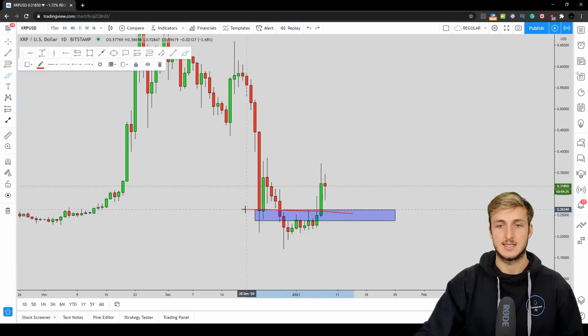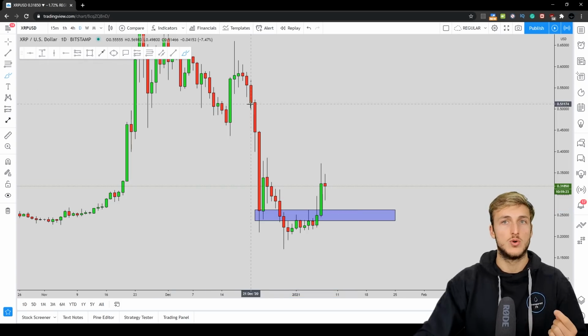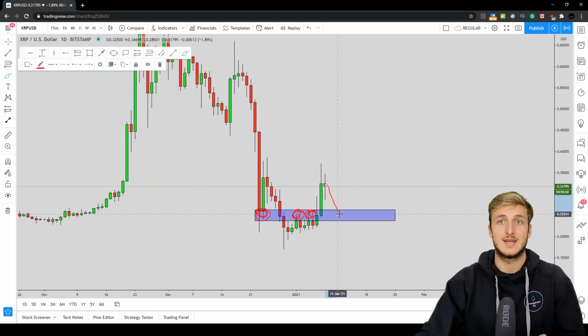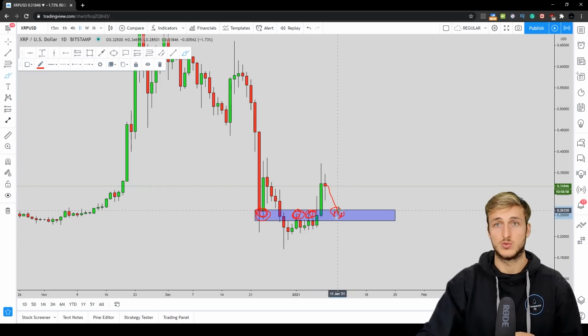In this case it is exactly this area here, which is not only the neckline of this W formation, but also a historical structure level for this market, which was acting as very strong support here, turned resistance here, again resistance here, then the market broke this zone to the upside. As you know, in the market, after an area of resistance is broken, the resistance turns into support, and we can expect the market to go and retest this previous resistance, now turned support, to complete this W formation at the neckline.